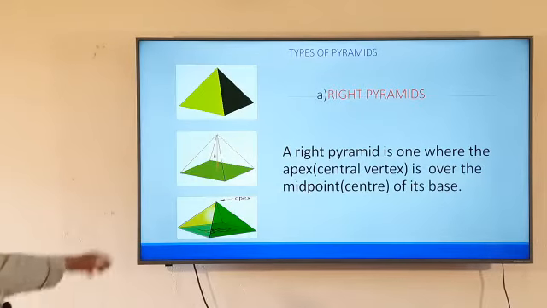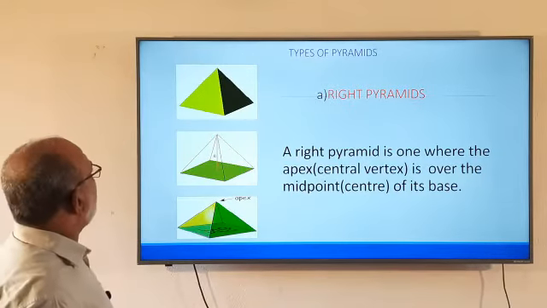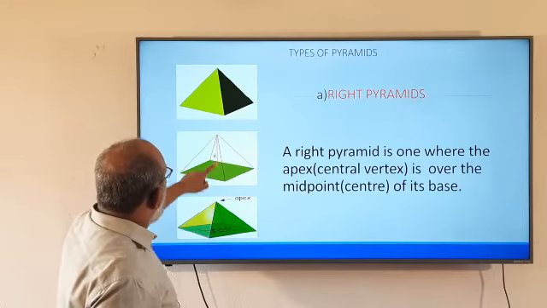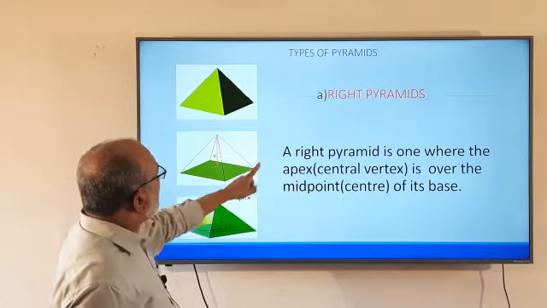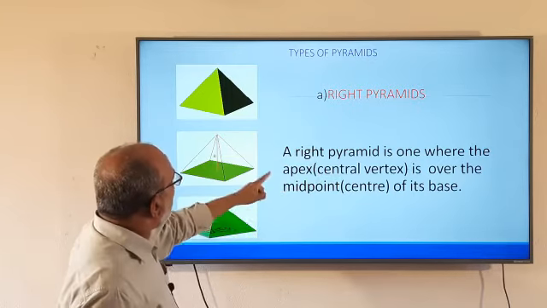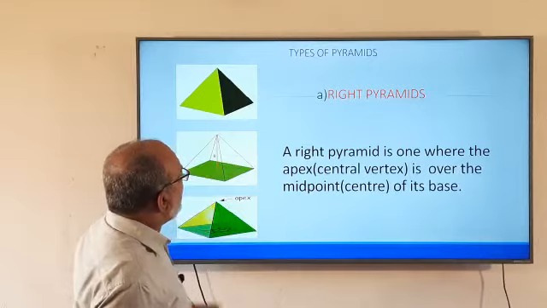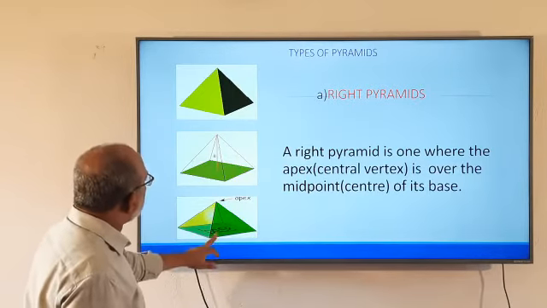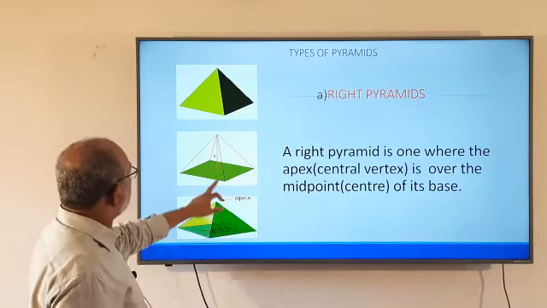Now you see, this picture will clarify the idea. This is a right pyramid. Why? The apex is here, the central point is here. A right pyramid is one where the apex, the central vertex, is just over the midpoint of the base. This is the base, this is the apex. The midpoint is straight below it. Okay, this is a right pyramid.